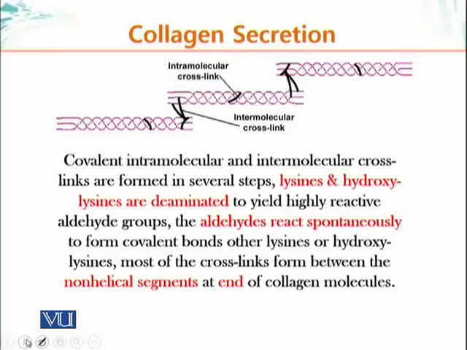Here I would like to mention that collagen molecules, since we have said they resist tensile forces, need to be linked together by strong forces, and they in fact are linked by covalent bonds. These collagen molecules, these triple helices, have been linked together by these covalent bonds.